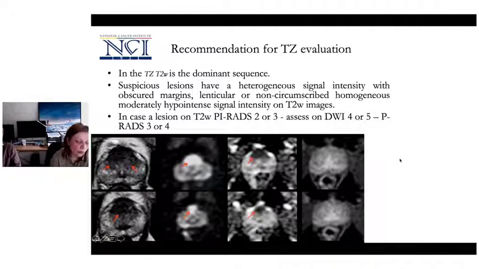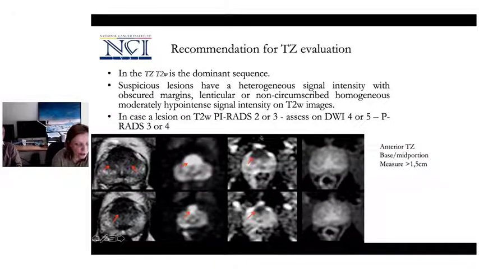How we are doing with the transition zone: of course, at first we are looking again at T2 sequences, and the transition zone is evaluated firstly in T2 images as the dominant sequence, and for suspicious lesions we're looking for something dark in the transition zone. Then, of course, we look for correspondence on diffusion, ADC, and if we have it, then we look for contrast enhancement.